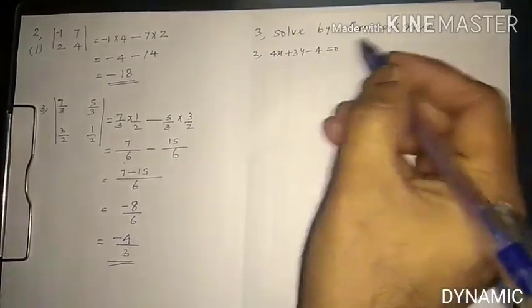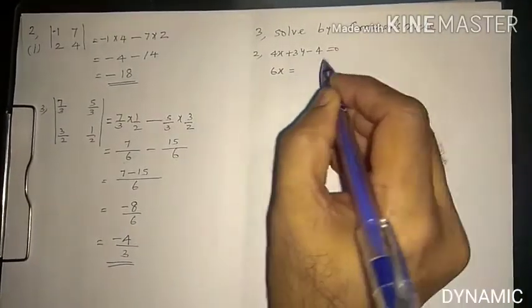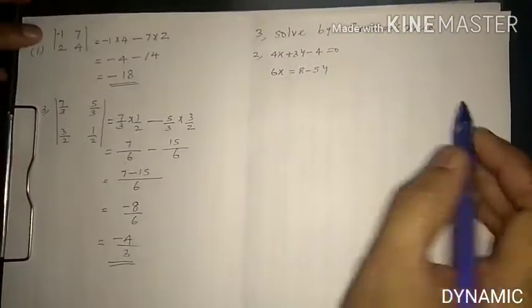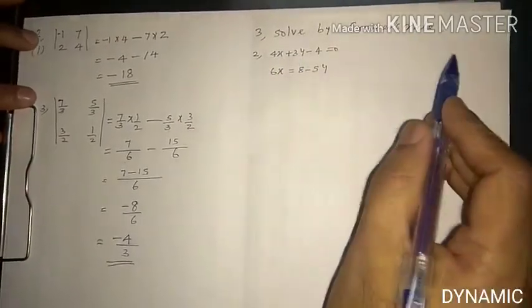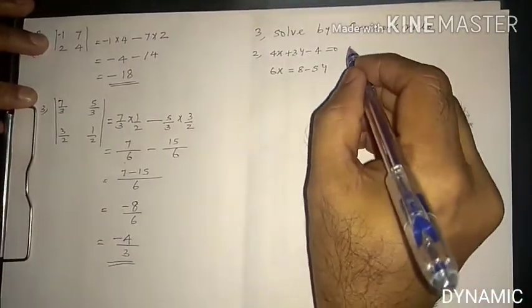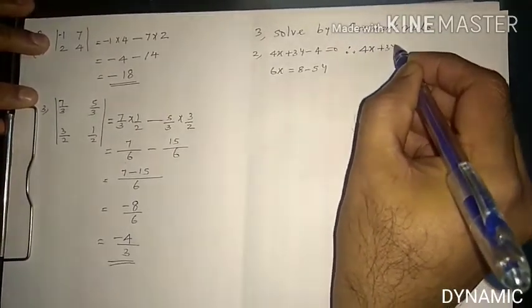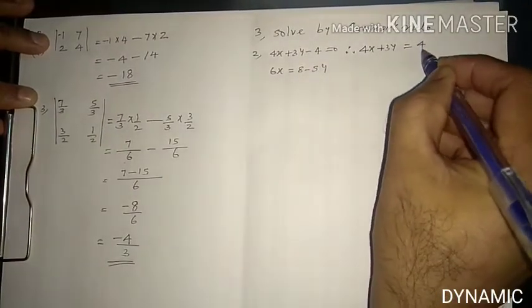Second equation is 6x is equal to 8 minus 5y. But we want in the form of x, y equal to constant. So this we rewrite. Rewriting it is 4x plus 3y is equal to minus 4 goes there plus 4.